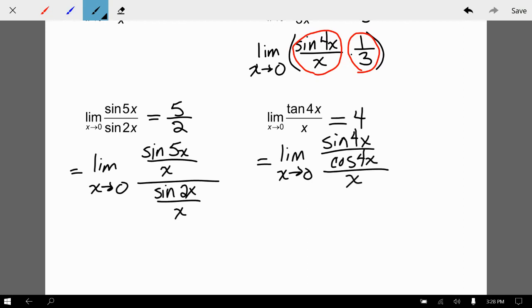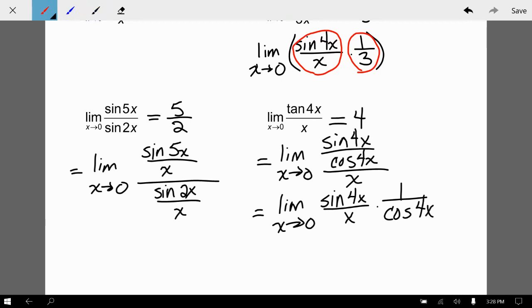And then if I just rewrite that, that's the same as the limit as x approaches 0 of sine 4x over x times 1 over cosine 4x. And from that, you can see that for this piece, we're going to get 4. And for this piece, cosine of 0 is 1. So we have 4 times 1, which is 4.